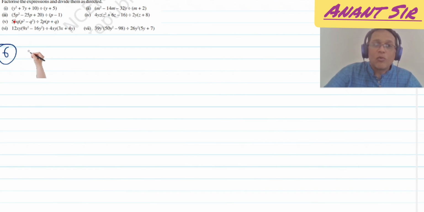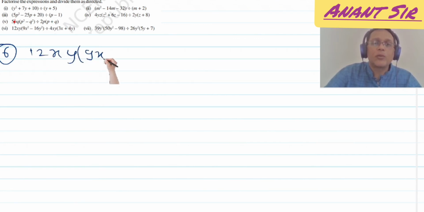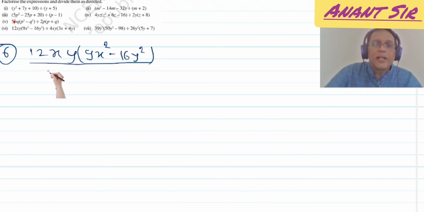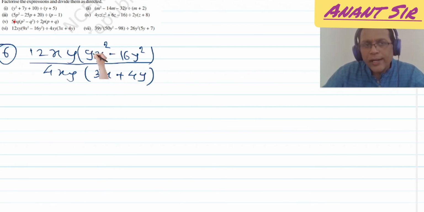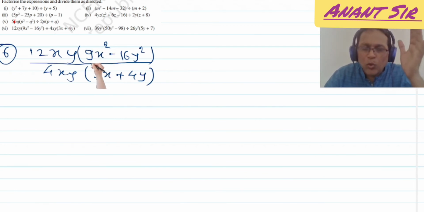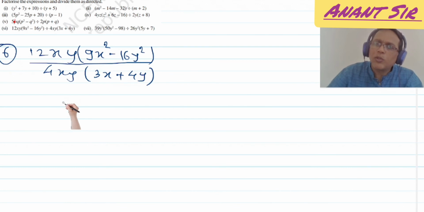So friends, now we are on to question number 6. 12xy into 9x square minus 16y square divided by 4xy multiplied by 3x plus 4y. So if you have seen the last question correctly with good concentration, you should be able to solve this one also, right?